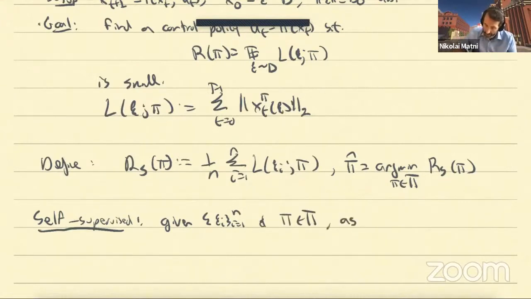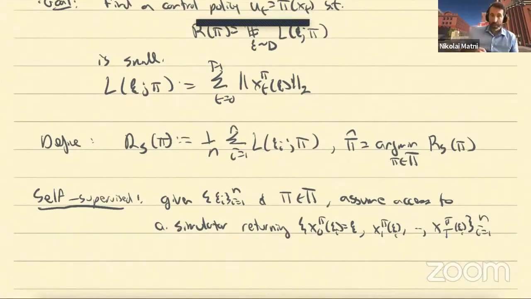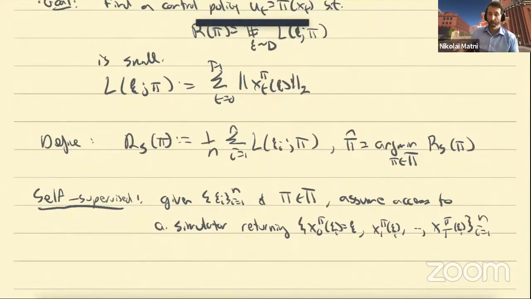We assume access to a simulator returning x_0 of pi, which is just equal to the initial condition, x_1 of pi, all the way to x_T of pi, for all these different initial conditions, i equals 1 to n. The idea here is that we can self-simulate, or self-supervise, self-generate these new rollouts with the current pi that I'm at, and use that to optimize the empirical risk.